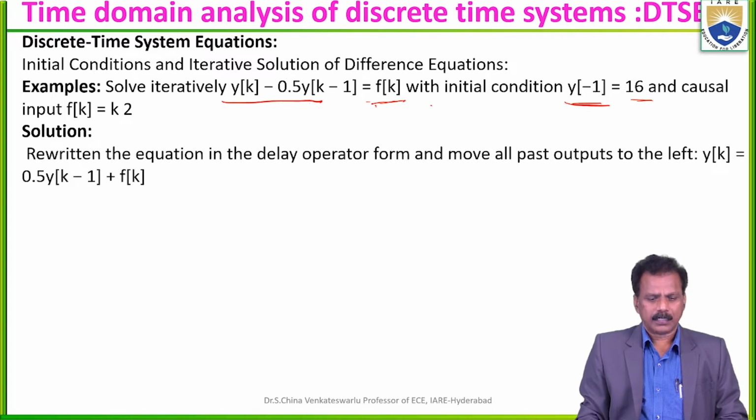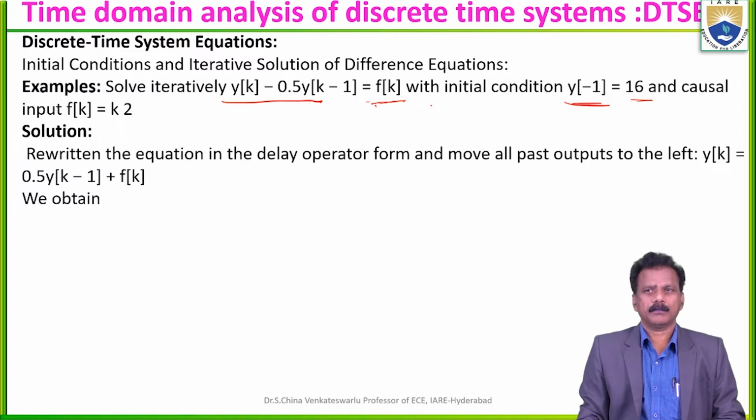You can solve this by rewriting the equation in the delay operator form and moving all the past outputs to the right. That is, y of k is equal to 0.5 y of k minus 1 plus f of k.